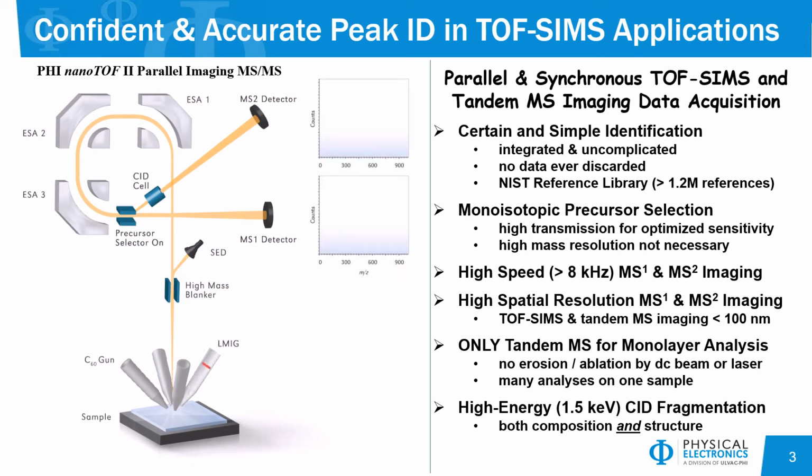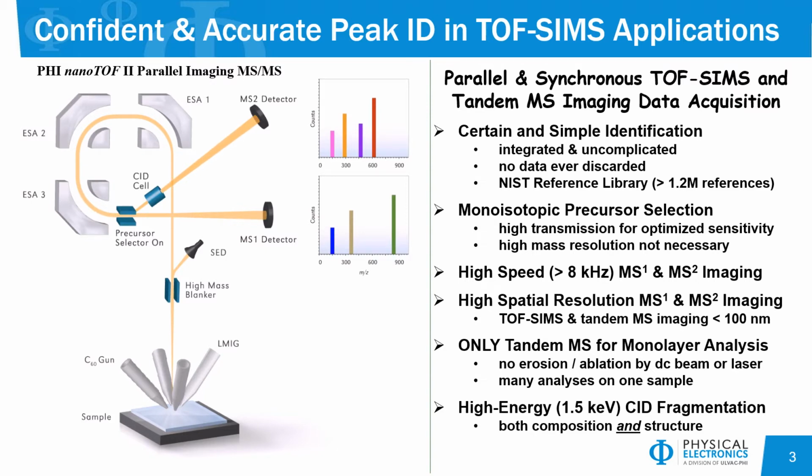What we've done at Physical Electronics, a few years ago in 2016, is introduce a new instrument platform to the market that incorporates tandem mass spectrometry integrated into the TOF-SIMS instrument platform.